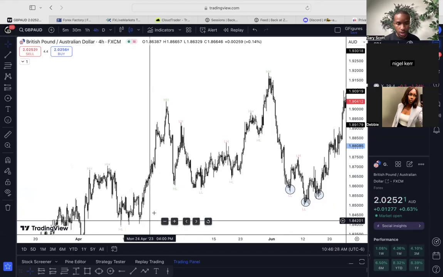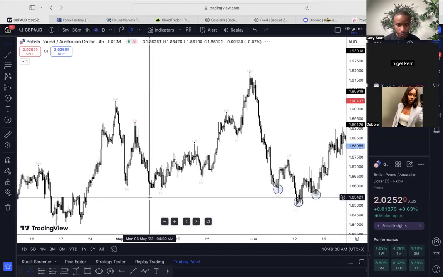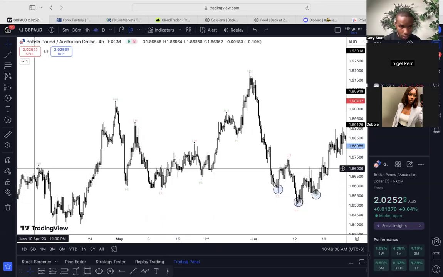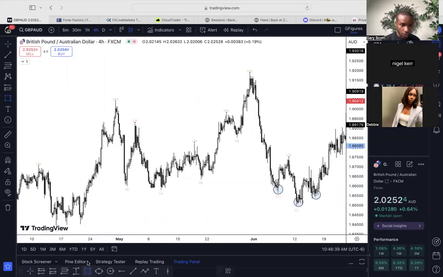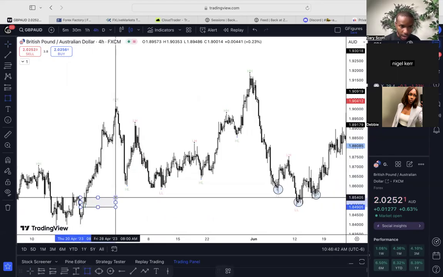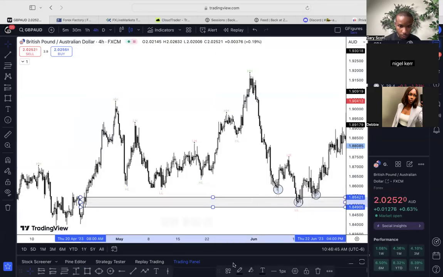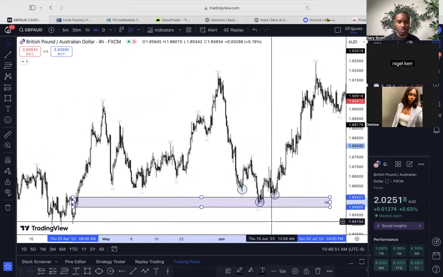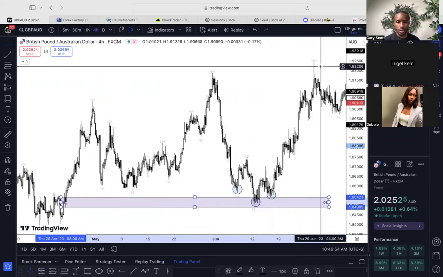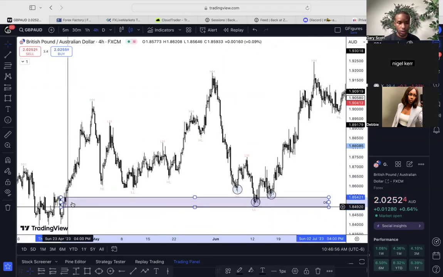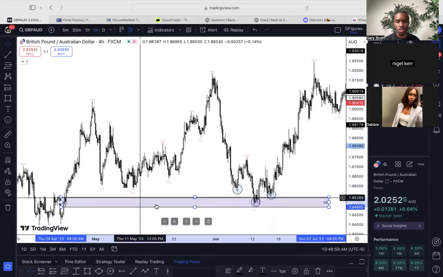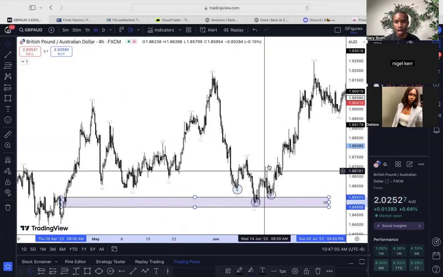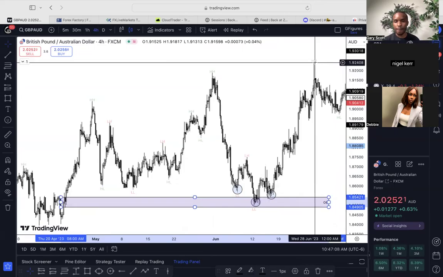It appears at an area of value. This is one of the last down candles before price broke this structure. So if we put this entire candle inside of our purple box for our order block, it appeared right at an order block, which gives you confirmation that price wants to move to the upside. Price came right back to this level, created an inverted head and shoulders, and now we're looking to take the trade back to the upside.